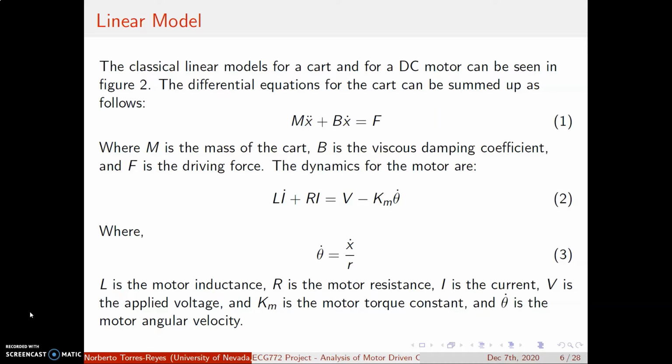Since we're looking at the displacement in the x direction, we want theta dot equal to x dot over r. L is the inductance of the motor, R is the motor resistance, i is the current, V is the applied voltage, Km is the motor torque constant, and theta dot is the motor angular velocity. The torque constant can be obtained experimentally or sometimes from the motor data sheets.